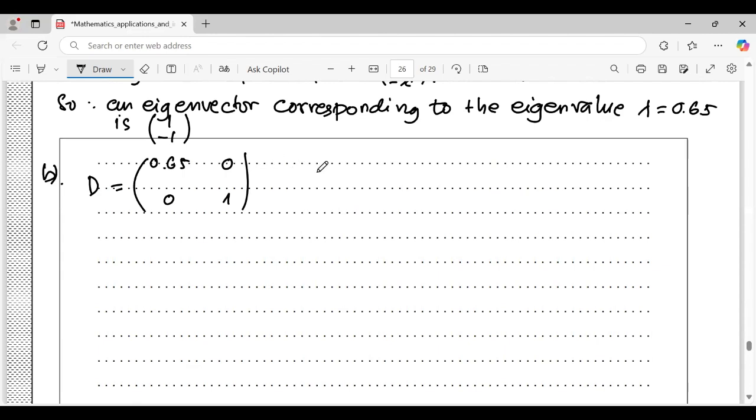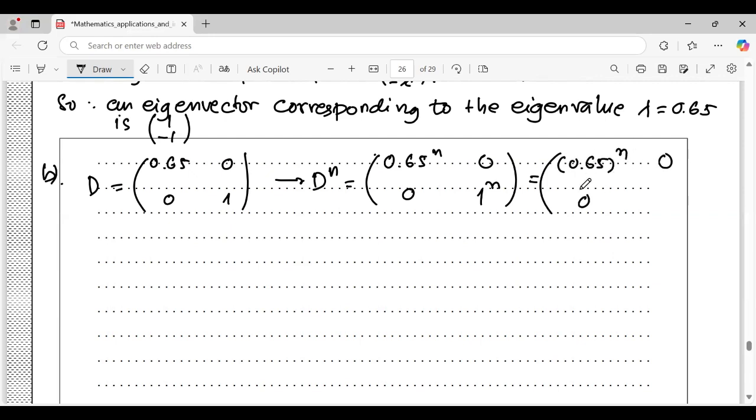So D to the power n is 0.65 to the n, 0, 0, 1 to the n, which is still 1.